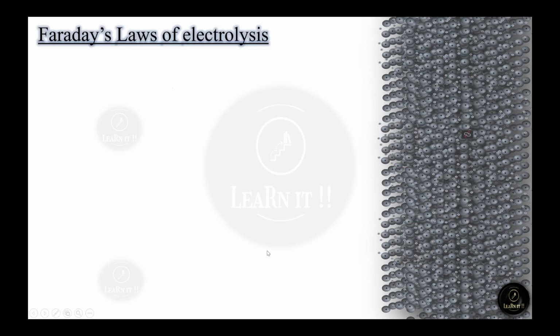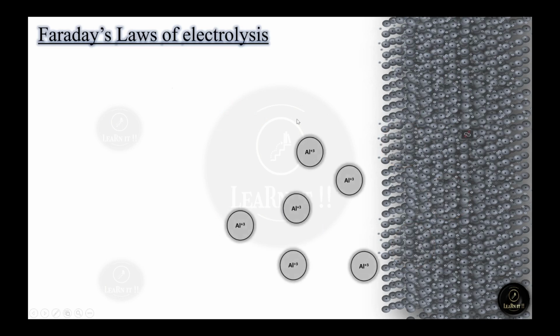So let us have another case. Electrolytic cell containing Al+3 ion. When we provide 1 or 2 electrons, we are not going to deposit one Al atom because it is +3 and there are only 2 electrons.